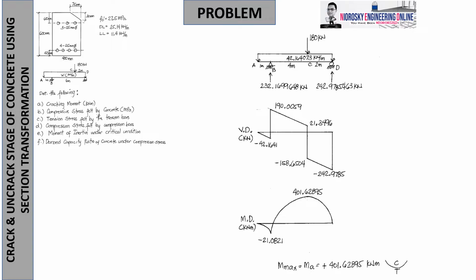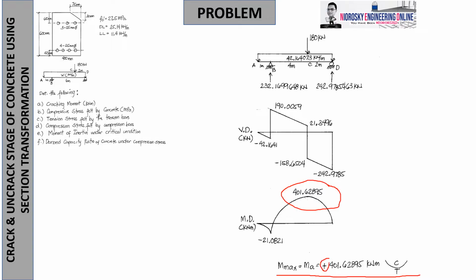So by this, let us get the maximum moment, and you will notice that the maximum moment acts on the positive side, 401.628095 kilonewton meters. That's why we declare that the maximum moment is M sub A equals positive 401.628095 kilonewton meter.